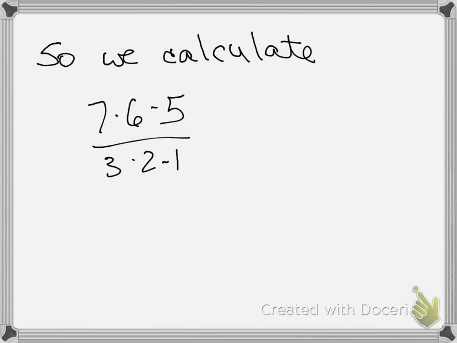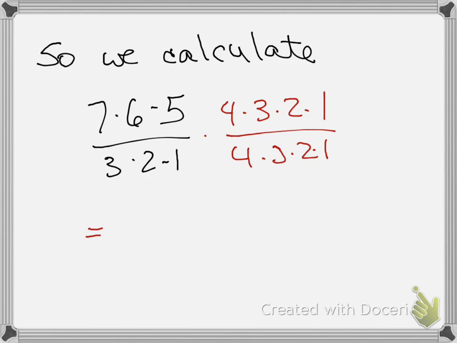Now this could be simplified by doing the following thing. And so this could be represented in the following way: 7 factorial divided by 3 factorial times 4 factorial.